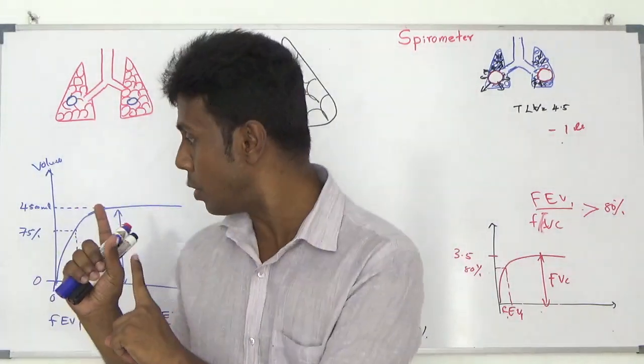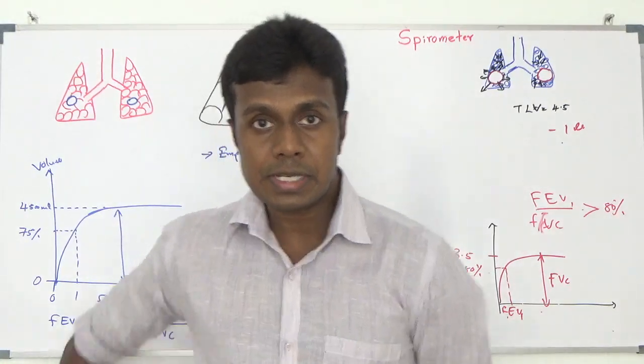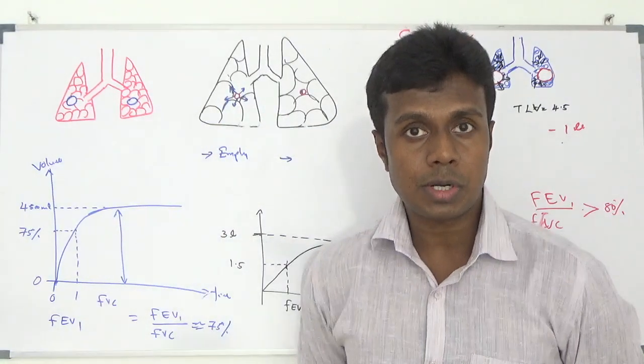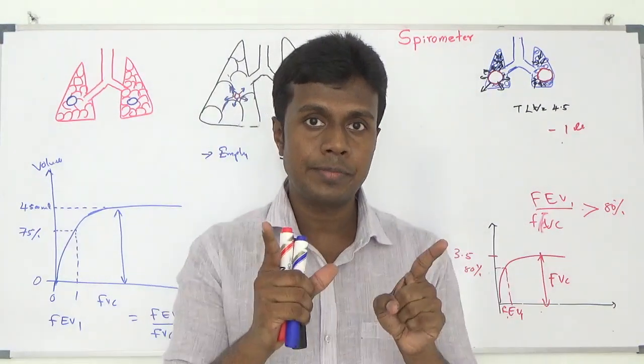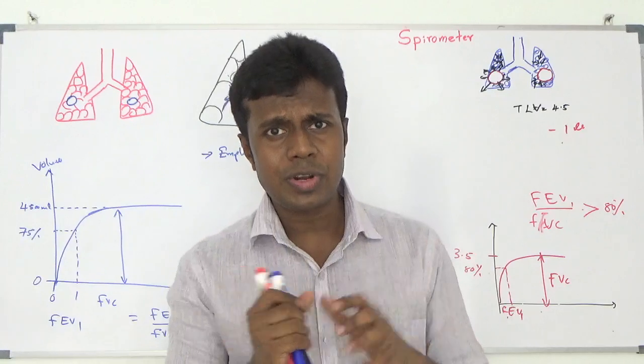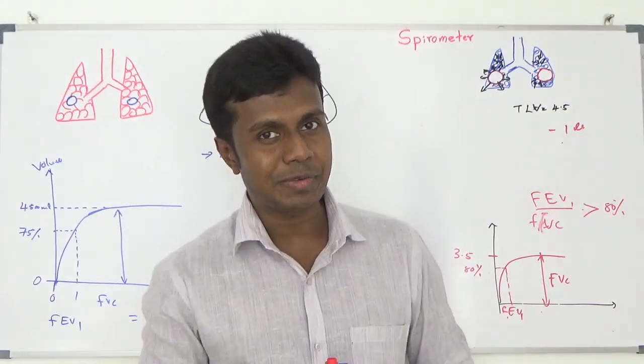If you are perfectly normal, it must be somewhere around 75. If it is less than 75, you may have obstructive airway disease. If it is more than 75, you may have restrictive airway disease. That is all regarding obstructive and restrictive airway disease and the spirometer. Thank you very much.